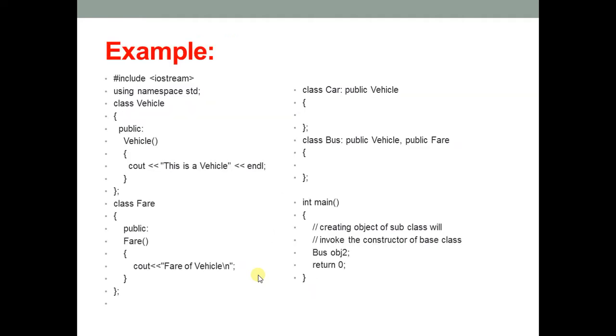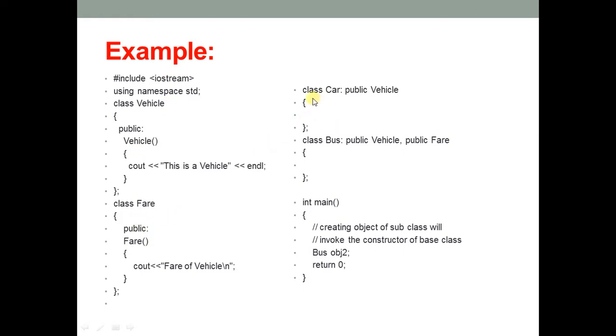You can see here example is given. So in this example class vehicle is created, and then class fare is created. This is one separate class, this is again a separate class, since there is no inheritance.